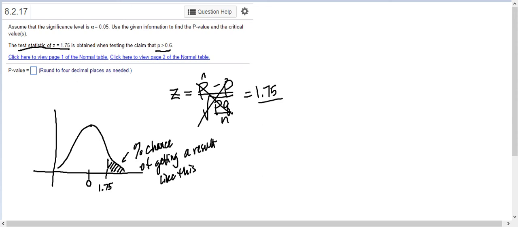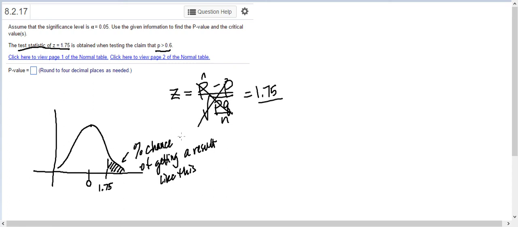In other words, if this thing was all true chance, the chance of getting something greater than 0 we know would be 50%. That's half the curve. So you have a 50% chance that the true proportion of voters would be greater than 0.6, and a 50% chance that the proportion of voters would be less than 0.6. It just breaks it down evenly.